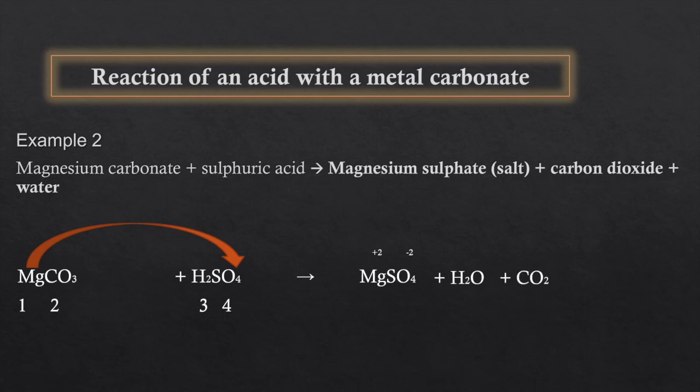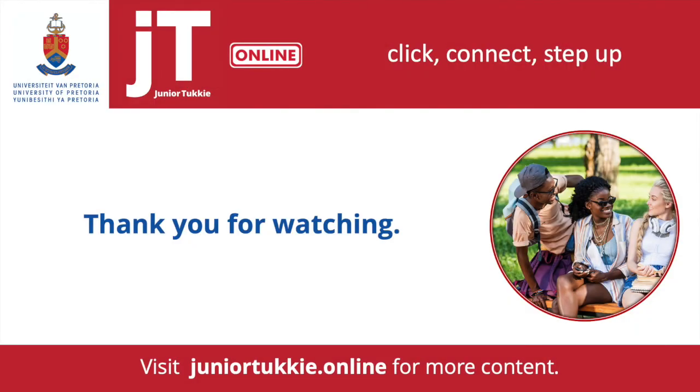Again, to show you how we get H2O, this H2 of sulfuric acid bonds with one of the oxygens of carbonate to give us H2O. That then leaves us with CO2 over here, and our answer there is then CO2.